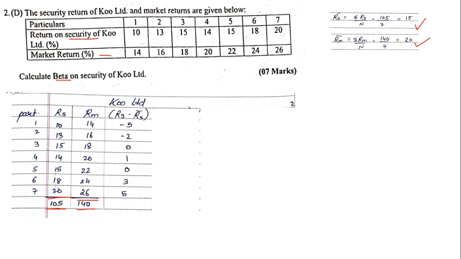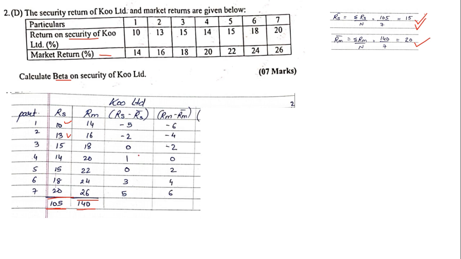Now for the next column, the next column will be RS minus RS bar. So all the values of RS minus 15. So 10 minus 15, 13 minus 15, 15 minus 15, 14 minus 15, 15 minus 15, 18 minus 15 and 20 minus 15. We get the respective values as negative 5, negative 2, 0, negative 1, 0, 3 and 5.